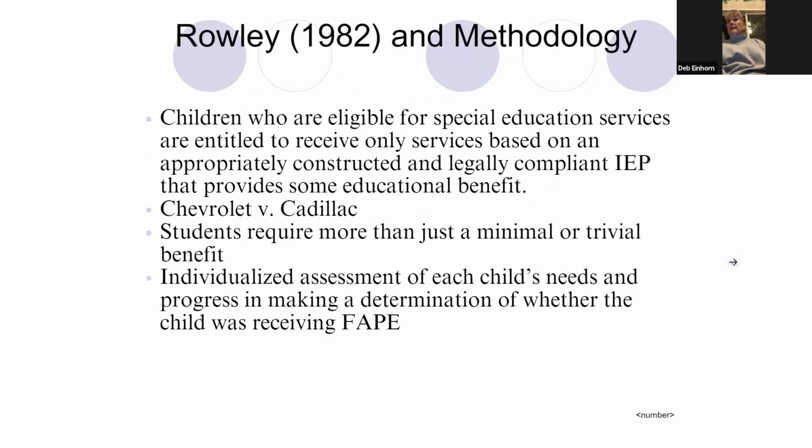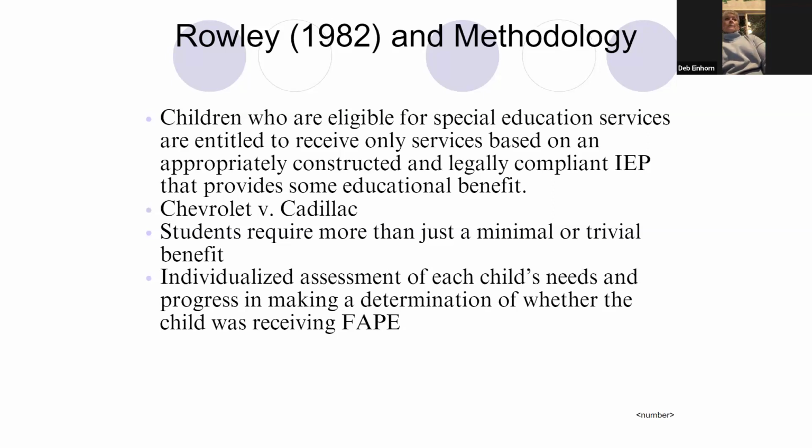So what I mean by that is you can't say that all children with autism are going to get ABA therapy, because not all children with autism are going to need ABA therapy, or not all children that have a learning disability are going to need a multisensory reading curriculum, because some children with dyslexia or with learning disabilities may not even have a reading disability. They may have a math disability or a writing disability and don't need a special reading curriculum.